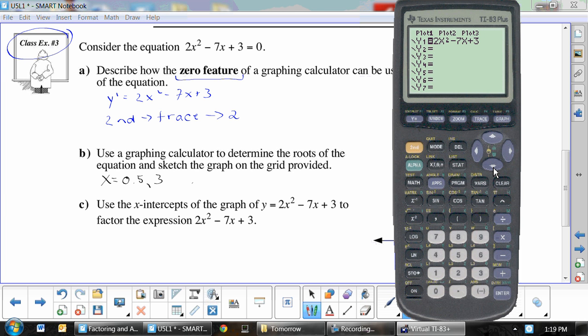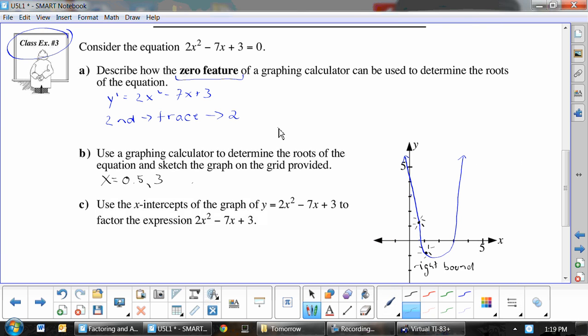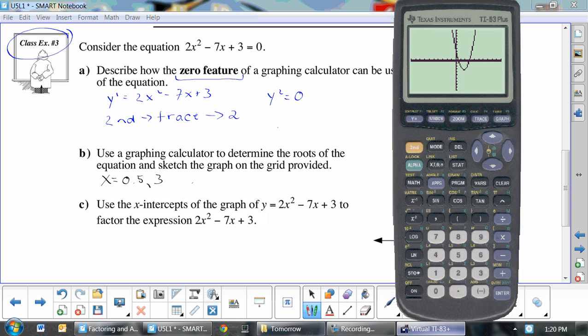So if you go back to your y's, and you go y2 is equal to 0, and you can make it a fat line too, and hit graph. Okay, grade 11s, I need everyone looking up here. Now in y2, I'd like you to put 0, because I'll show you the easier way to do it. Showed you the hard way first, now we're going to do the easy way.